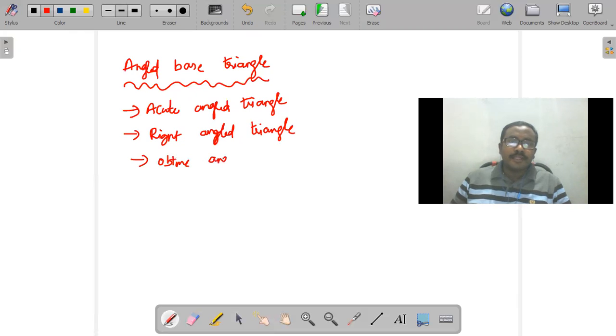We will discuss these three types of angle-based triangles in detail.